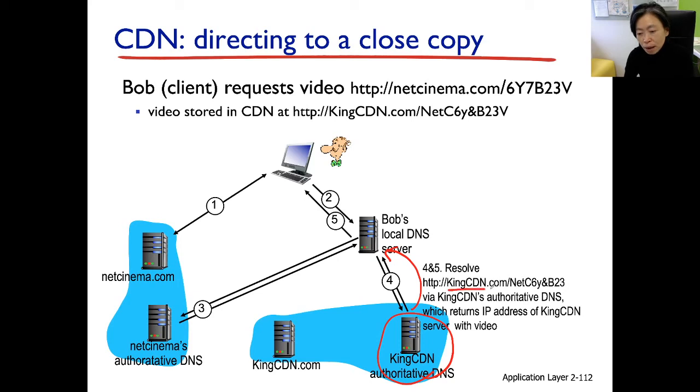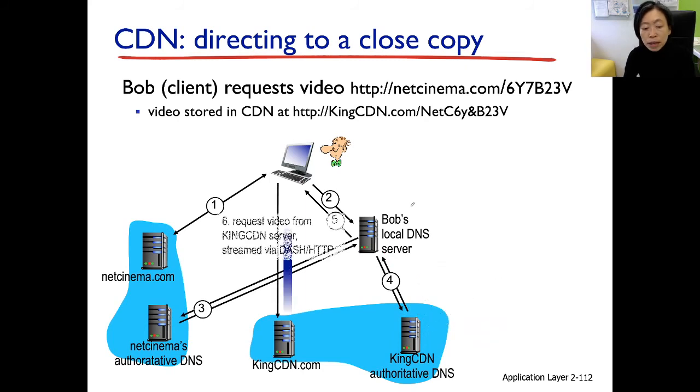Okay, so the IP address is acquired, and step 5 sends that IP address back to Bob's web browser. From there, Bob's browser can fetch the video from the actual location of the video. Right? So this is redirecting the client to the copy through the DNS service.